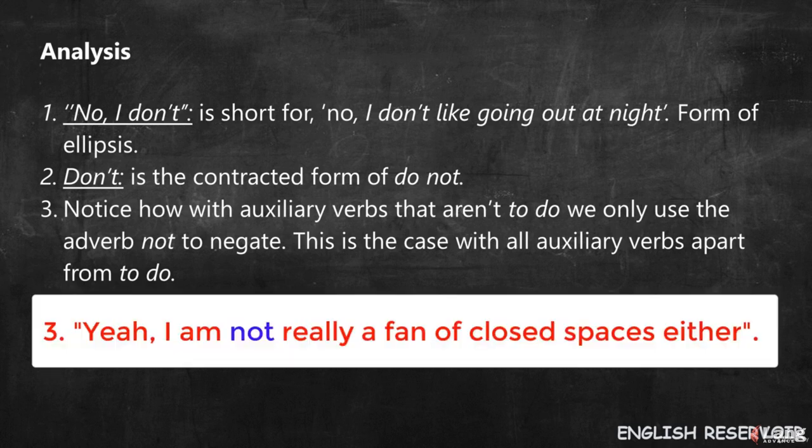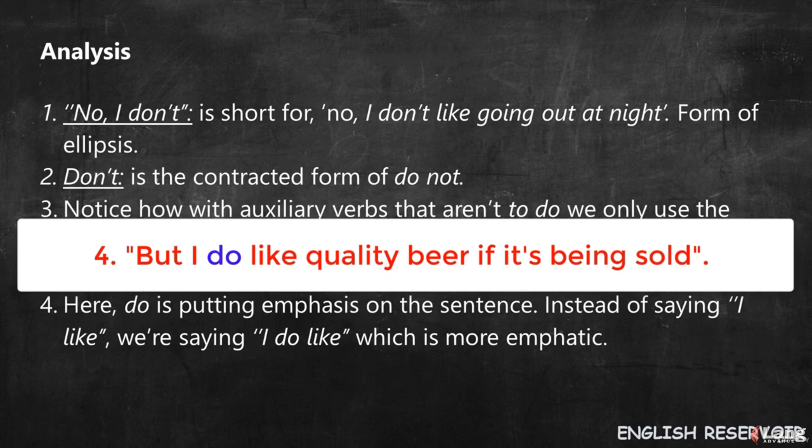Notice how with auxiliary verbs that aren't to do, we only use the adverb not to negate. This is the case with all auxiliary verbs apart from to do. 4. Here, do is putting emphasis on the sentence. Instead of saying I like, we're saying I do like, which is more emphatic.